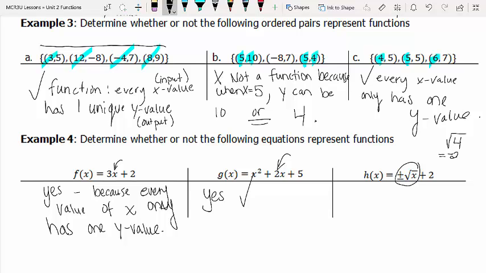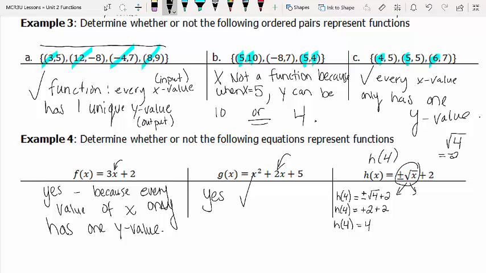For example, if I said, solve for h at 4, there's going to be two answers. So the first answer for h at 4 would be if I take the positive version of the square root of 4. So the positive version of the square root of 4 is positive 2. And if I add it to 2, then in this case, h at 4 is equal to 4. But over here, I'll show you what the other answer could be.